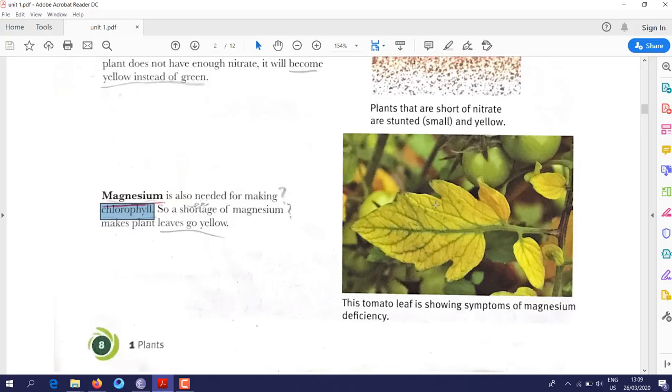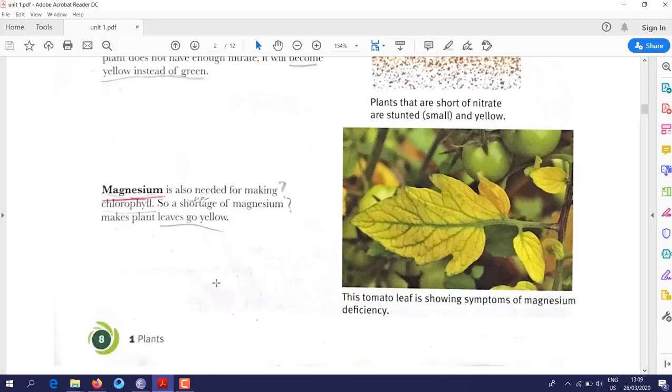If you look at this leaf, as we know, the leaf color is usually green. But as you can see here, the leaf turned yellow. So this tomato leaf is showing symptoms of magnesium deficiency. Magnesium deficiency means less magnesium inside the cells.